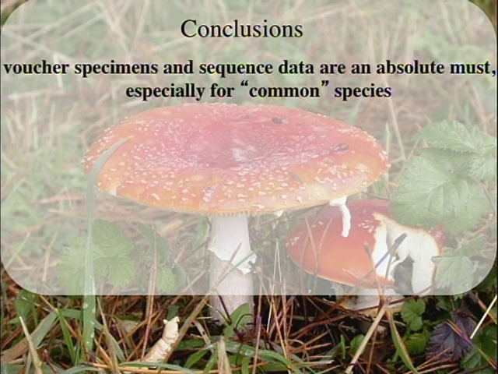So in conclusion, for us, voucher specimens and sequence data are an absolute must, especially for species which we considered common, but in the same way for more rare things.